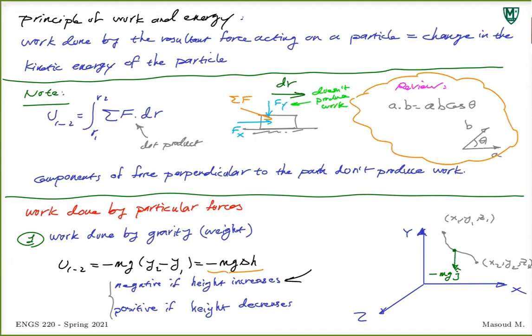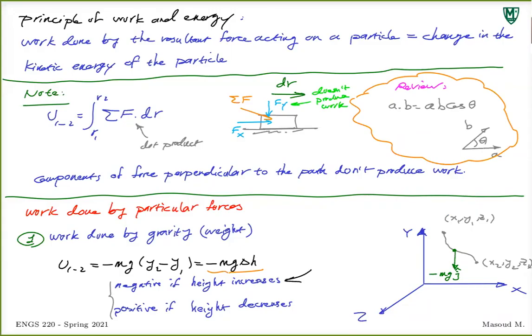We have to keep that in mind when finding the work done by a force or a resultant force. This also tells us that when the force is perpendicular to the path, that force doesn't do any work. That happens especially in the tangent normal coordinate system. If you decompose your forces into tangent and normal forces, the normal forces don't do any work.